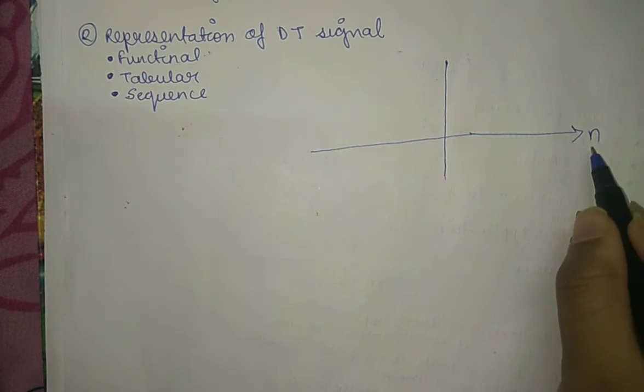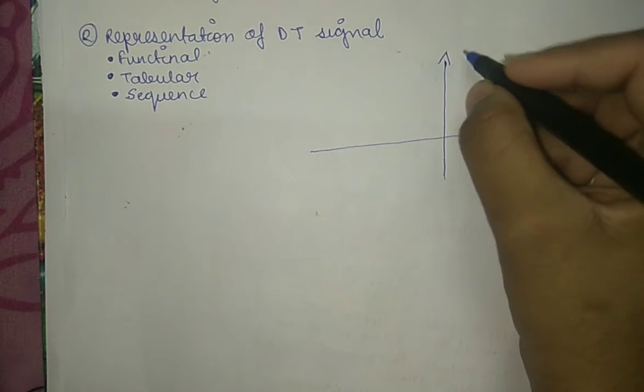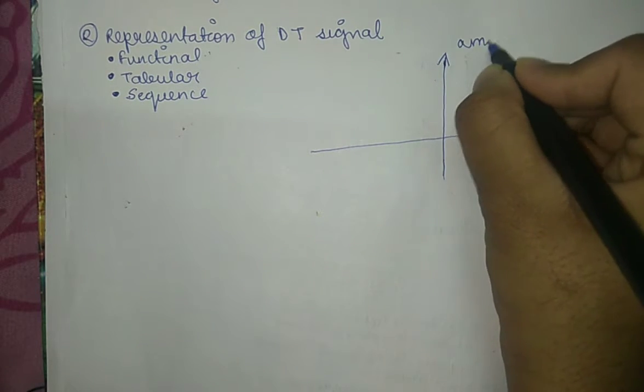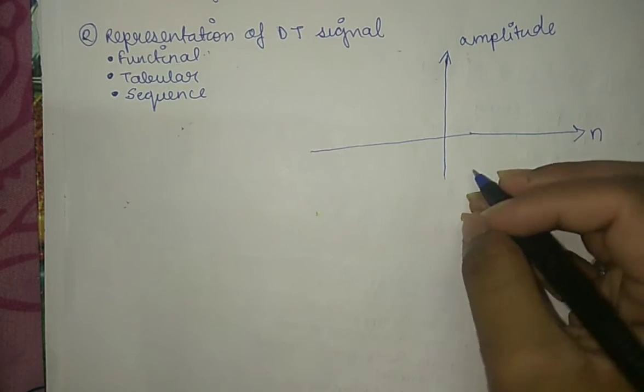Since it is a discrete time signal, the x-axis is represented by n, and here is the amplitude. So let's plot.